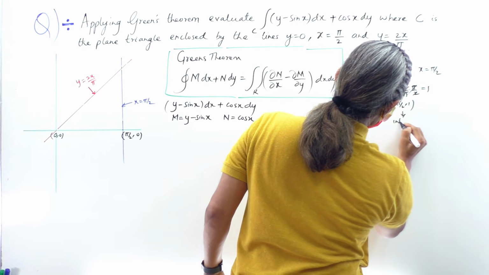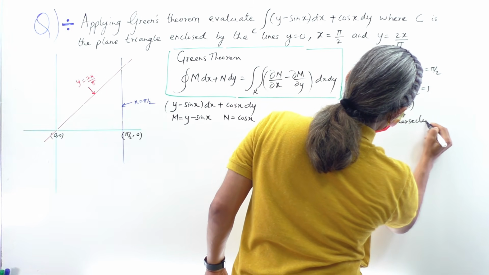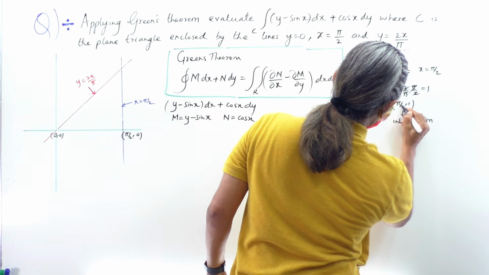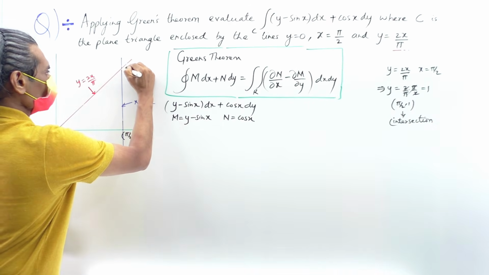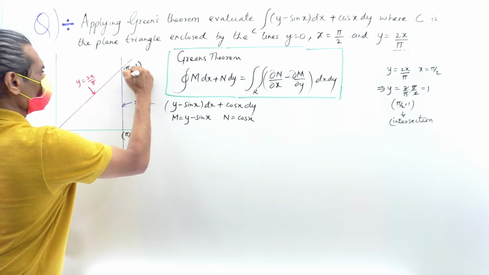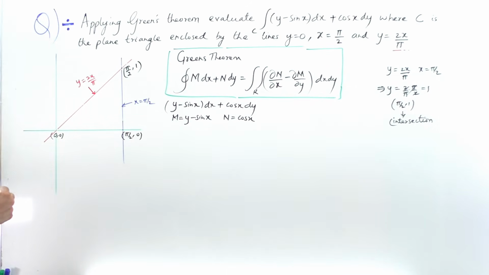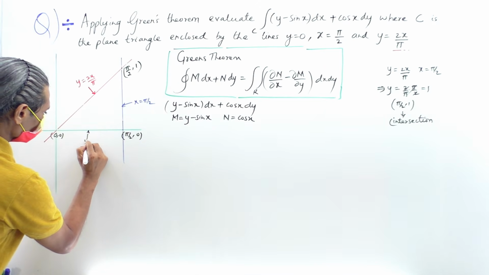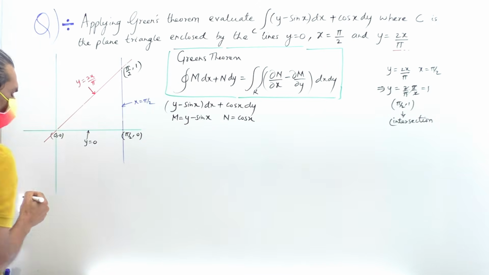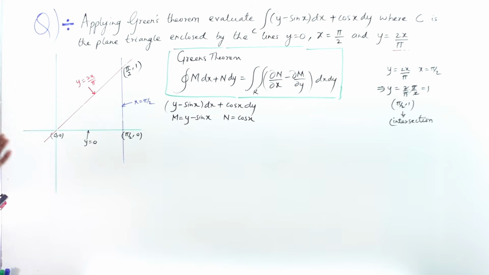And one more line is y equals 0. That's all, so we have the graphical representation here.